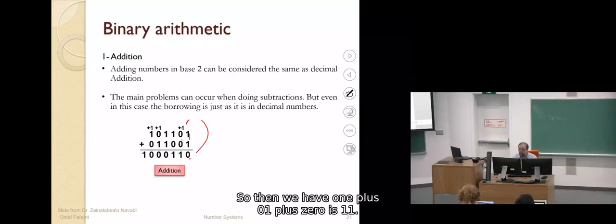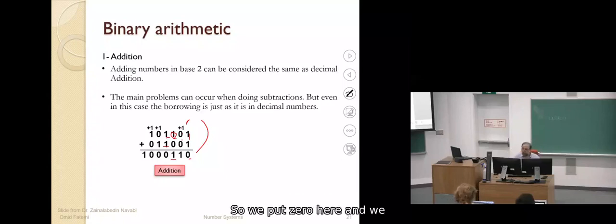Then we have 1 plus 0, which is 1. Then we have 1 plus 1. 1 plus 1 in decimal is 2. In binary it is 10. So we put 0 here and we carry 1 to the next digit.